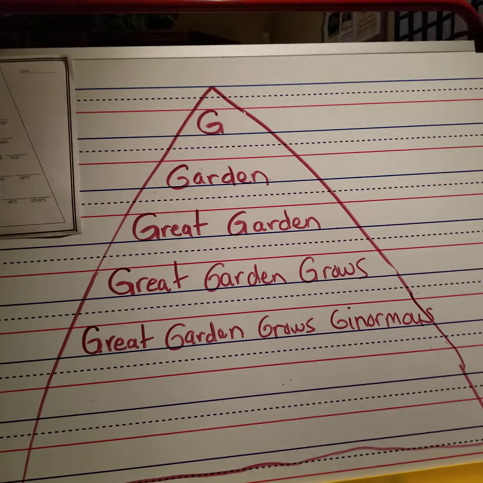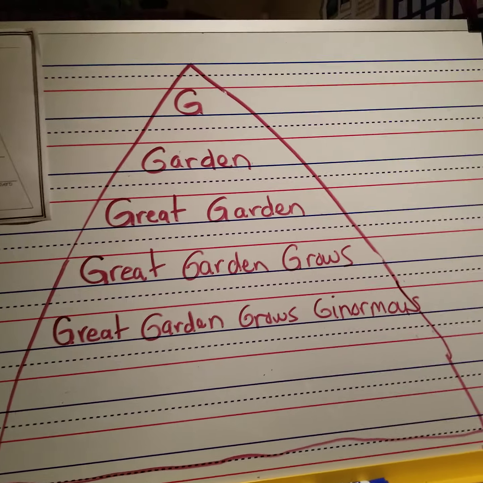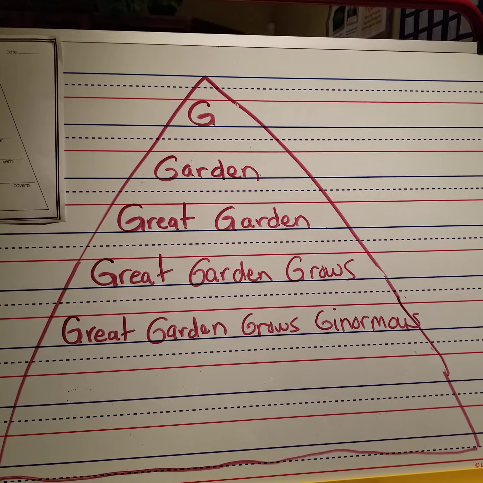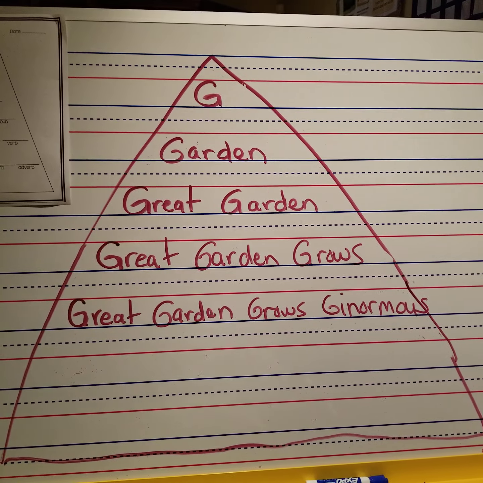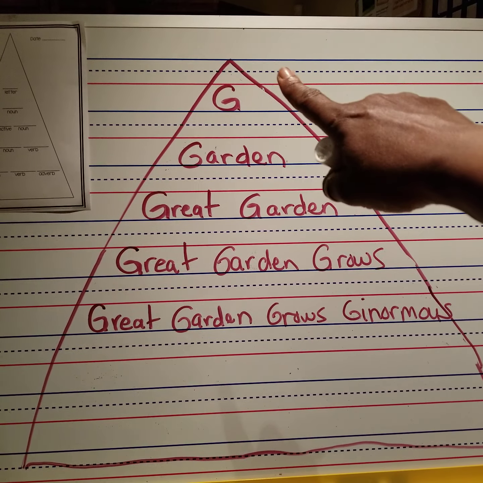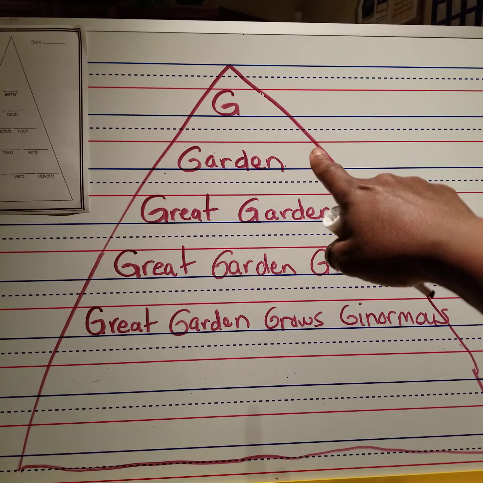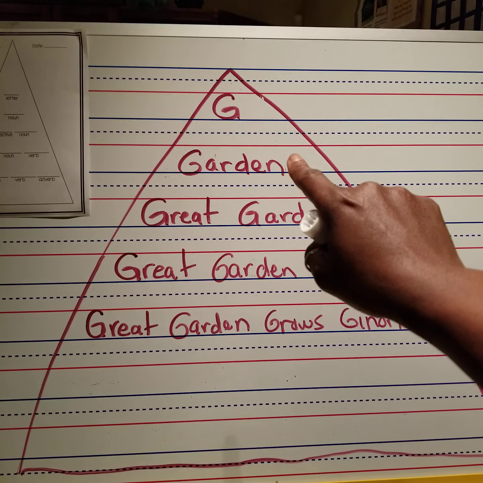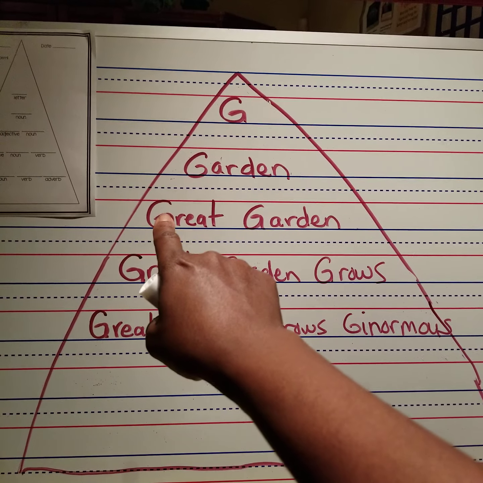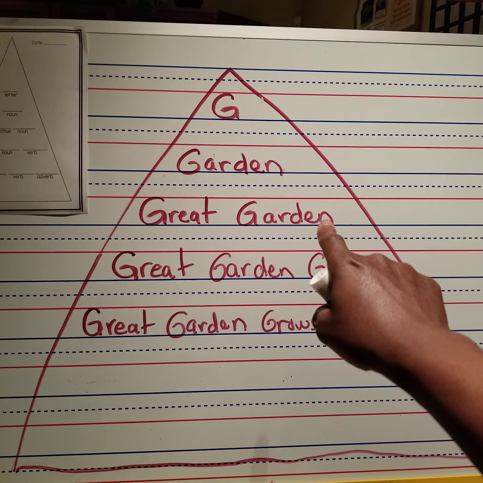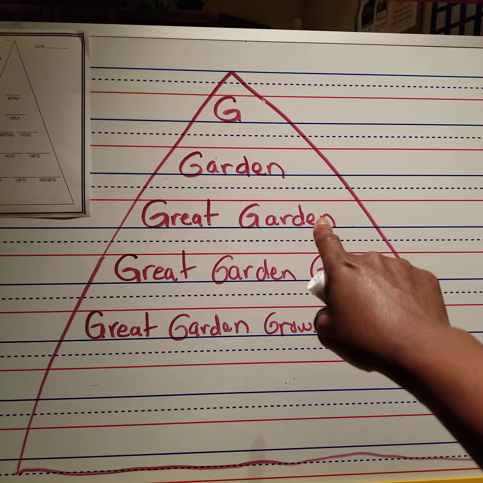Yeah. Alrighty. So there is my other pyramid poem. I started with the letter G. And then I made my noun, which was garden. Then I made an adjective and my noun. It's a great garden. Then I needed to add a verb.